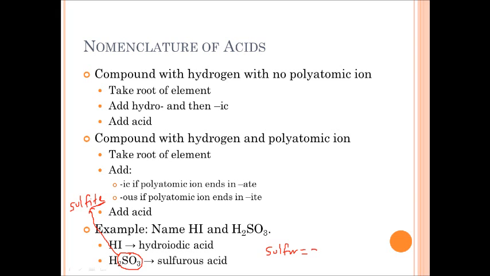So for sulfate and sulfite, you use sulfur, and for phosphate and phosphite, you use phosphor. Not quite sure why they go back to that, but those are two of the exceptions.